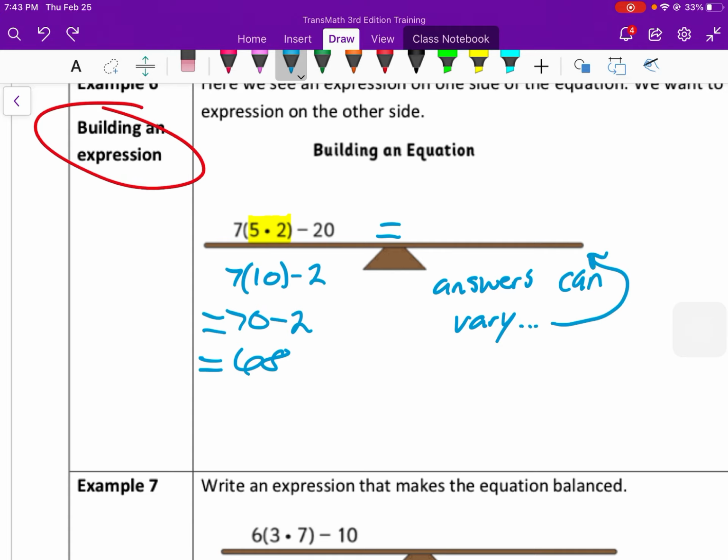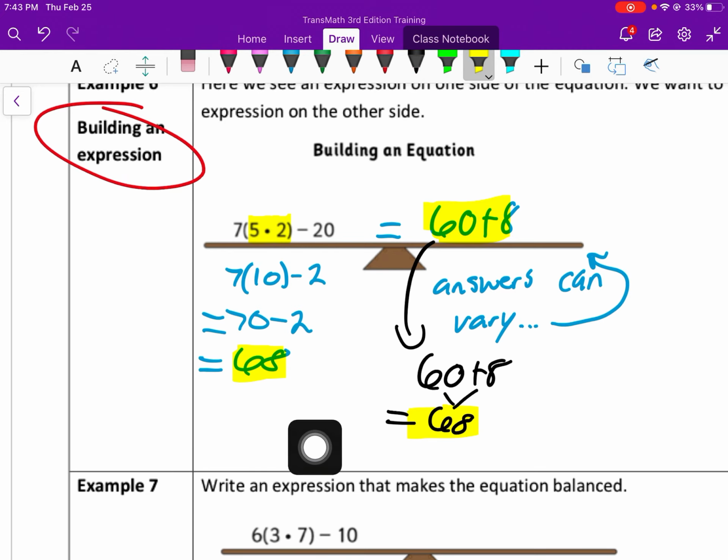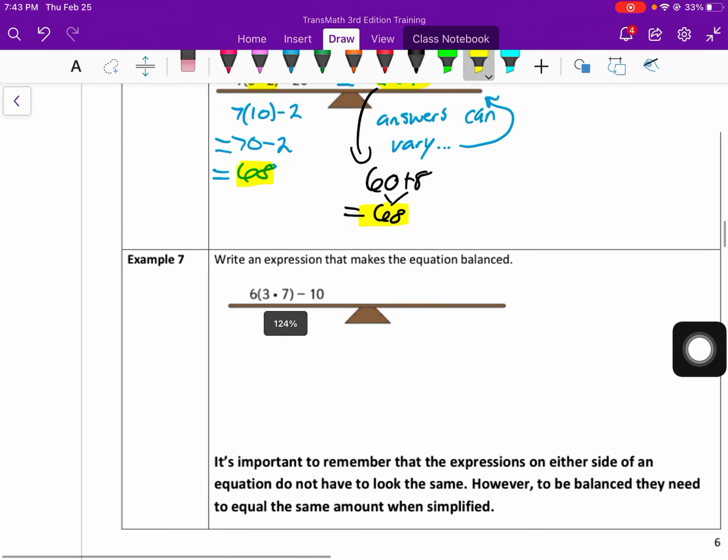But I am going to put 60 plus 8, and let's check that. Let's check that down here. 60 plus 8 should equal 68. When we add and combine our like terms, 68. So those expressions are equal because they both simplify to 68.